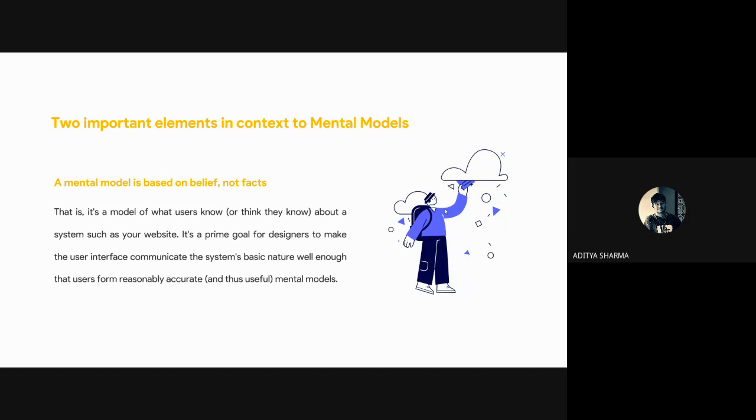So that's where we say that yes, this is not based on fact, this is not scientific, but this is more of an experiential thing that happens to people, what they gain from experience, what they learn from their experience, right? So whenever we use this mental model in UX design, we try to make things in a certain way that accommodates users' normal interaction behavior, so that the usability of the product can be increased, right?